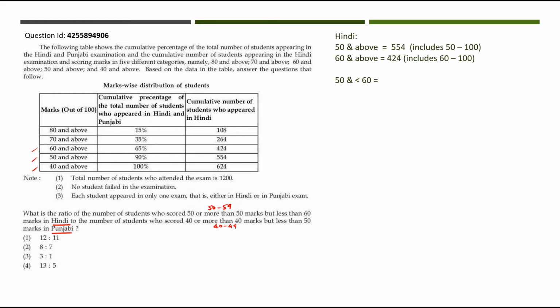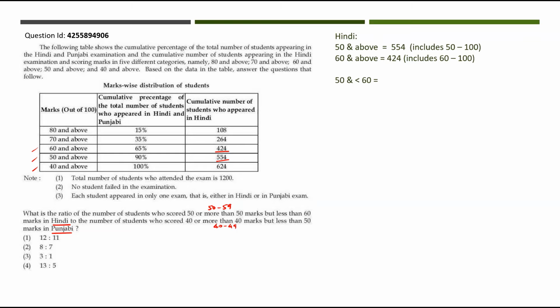Let's start with the Hindi count first. How many people have appeared in Hindi? 50 and above scoring is done by 554 people. This includes the data from 50 to 100. Now we are getting the data of 60 and above from the same third column. It is 424 students who have appeared in Hindi.